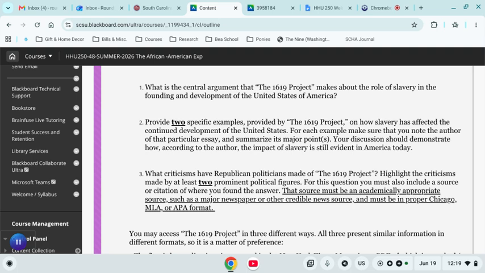Now, for that question, you will have to do some very light research on your own, but just put 1619 Project criticism into a search engine and you're going to get dozens of responses. So just report on some of the criticisms that have been made and give me the source, the academically appropriate source that you used.